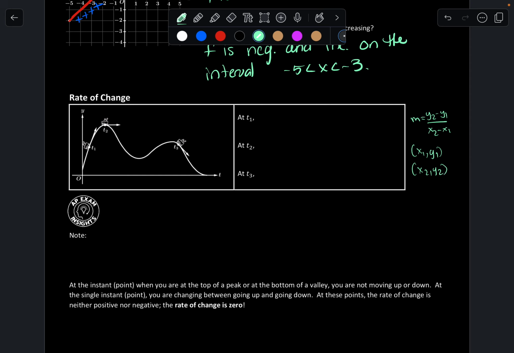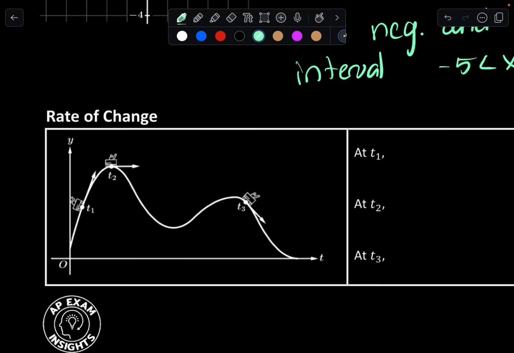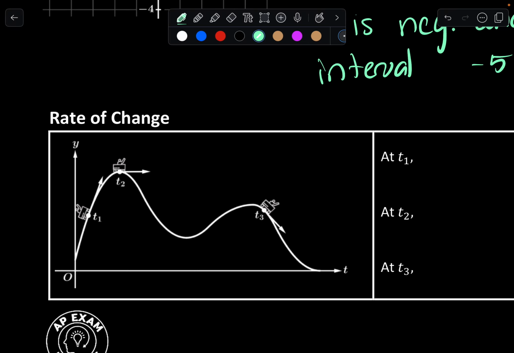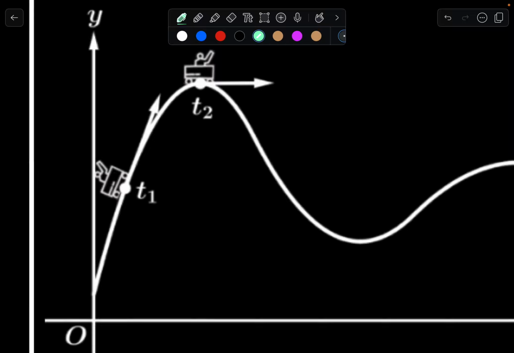Okay, so this was a secant line that was connecting these 2 points, and what you found was the slope of that secant line. Now that was the average rate of change, but now what we're going to also be discussing is the slope at a single point. So specifically, if you zoom into t sub 1, if we were to draw a tangent line at t sub 1, we are going to be talking about the slope of that tangent line, in this case the m.